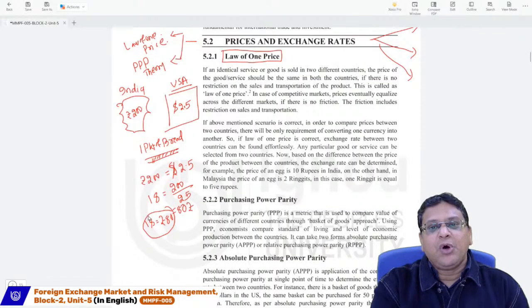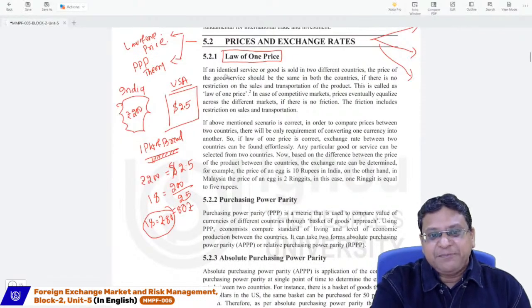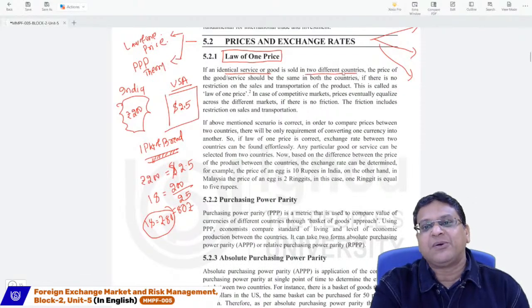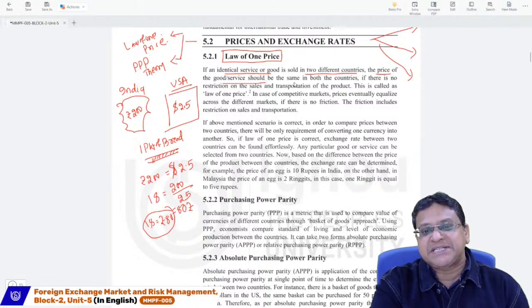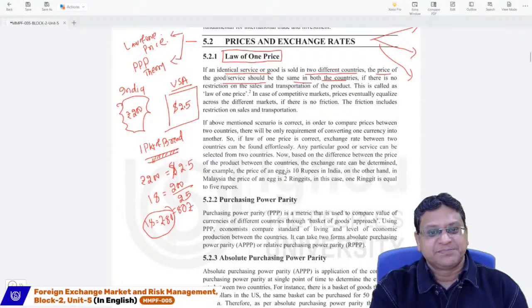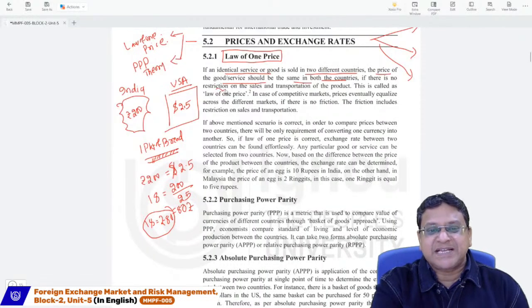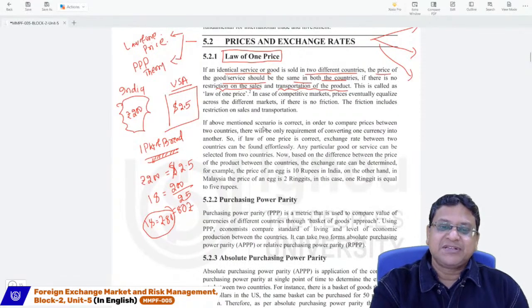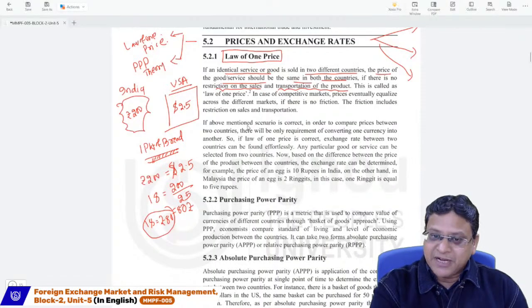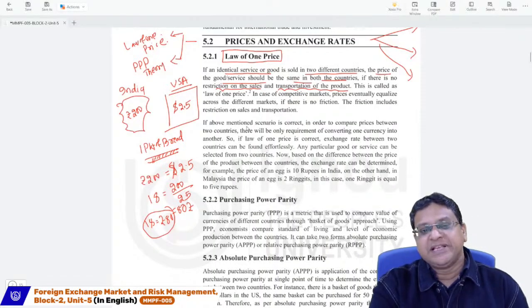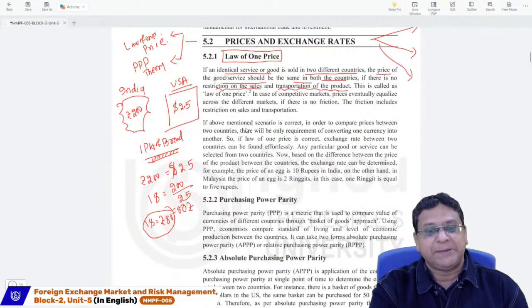So law of one price tells that if an identical good or service is sold in two different countries, the prices should be the same in both countries, if there is no restriction on sale and transportation of goods, that is, if there is free movement of goods and services between the two countries.